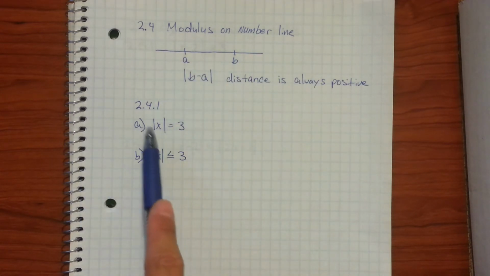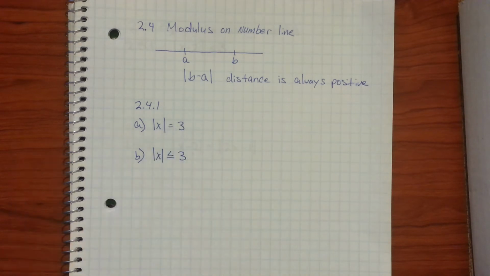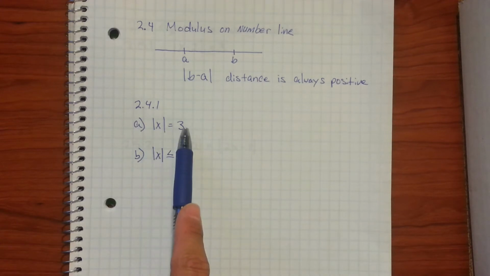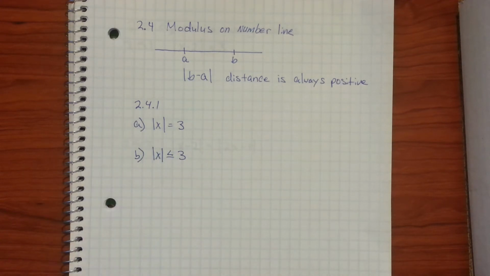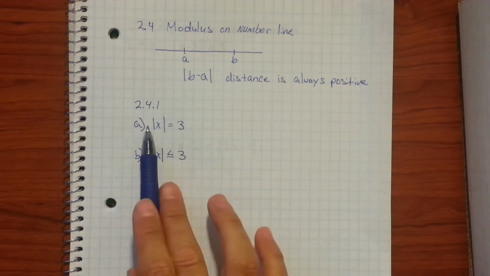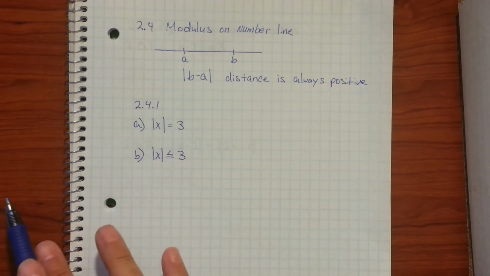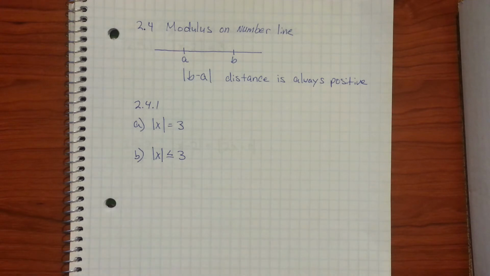So, what we're going to do here is I'm going to show you this right here. From here, we know that the absolute value of x is equal to 3. Now, if I'm looking at this, I need to set up the absolute value as two separate equations because it's possible that the x could have been negative, and it's also possible that the x could be positive, and it's going to work both ways.